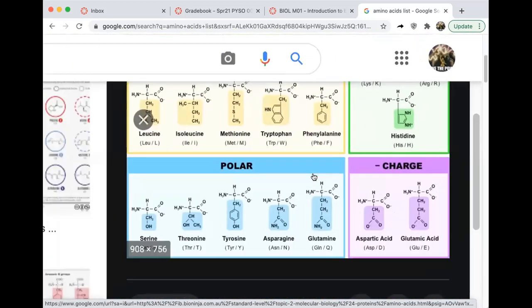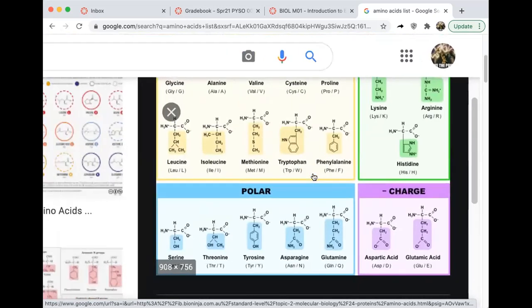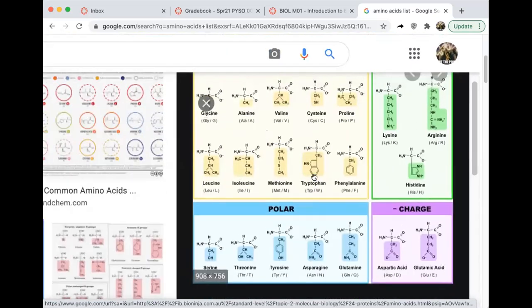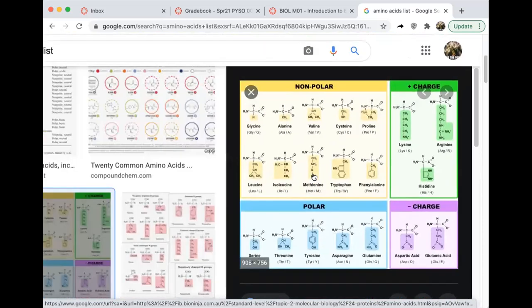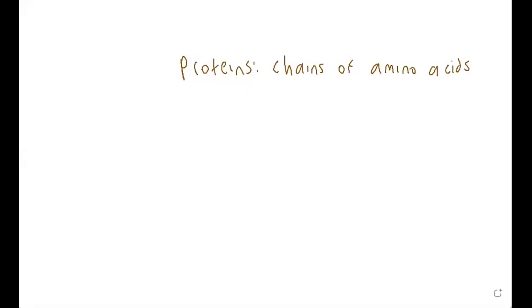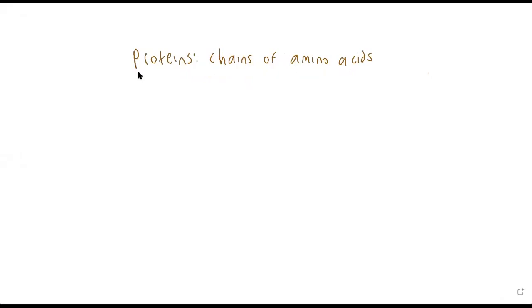These amino acids are actually stored in your cells. Right now, there's a bunch of amino acids just floating around in your cells, specifically near the rough endoplasmic reticulum. Now, those building blocks, as I said, the amino acids, are there.